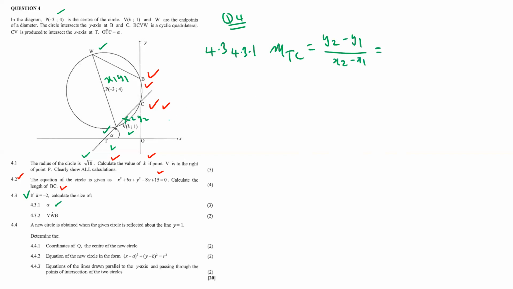There are certain things we already know, like the coordinates of T, which are minus 2 and 1.